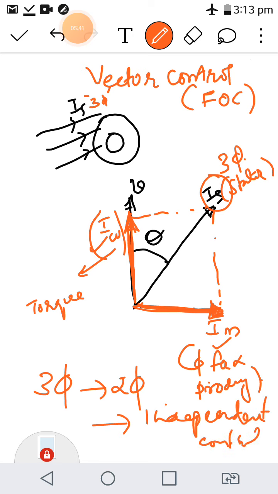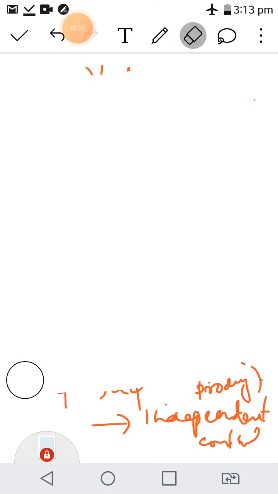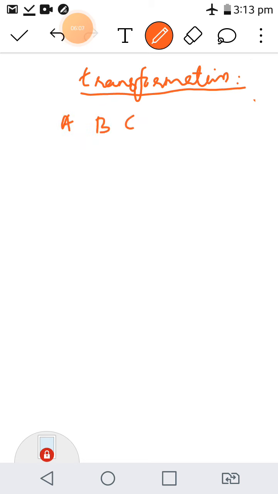The idea is that you can resolve this IS into two phases. There are techniques for converting three-phase quantities into two-phase quantities, and that is known as the concept of transformation. Normally there are different systems like ABC. ABC means our normal three-phase system, for example A phase, B phase and C phase.